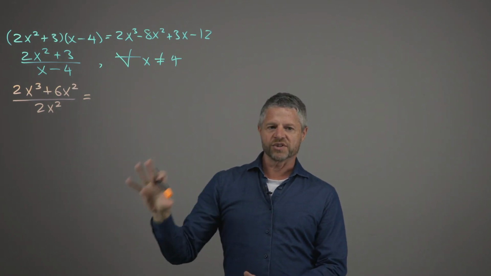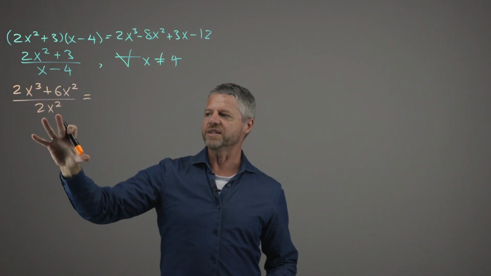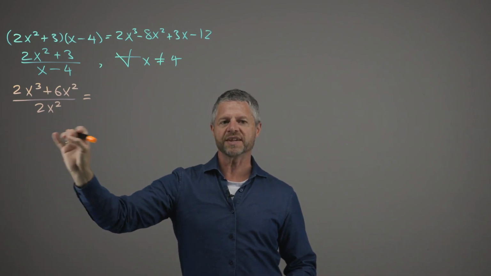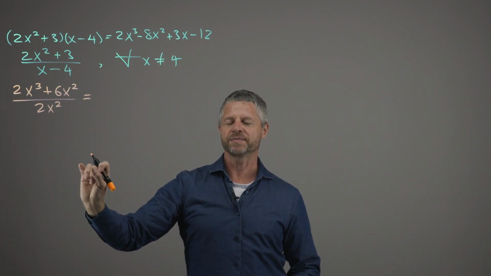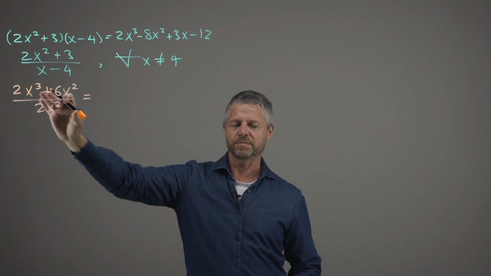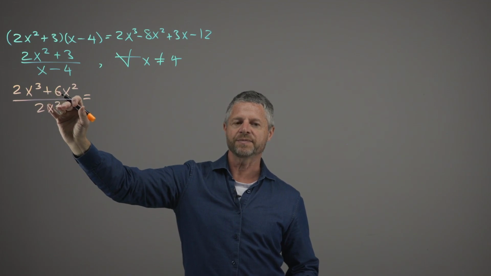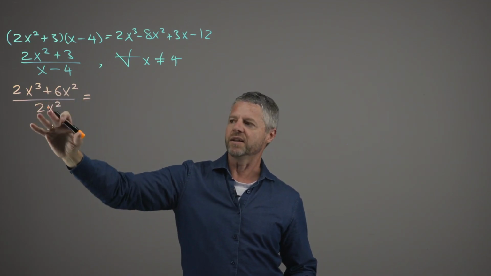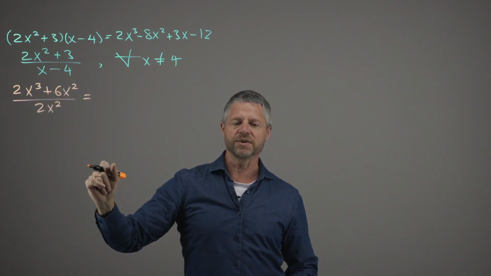And what we want to try and do is simplify this by pulling out any common factors. So let's factor the polynomial that's in the numerator, and then maybe there'll be some cancelling that we can do.